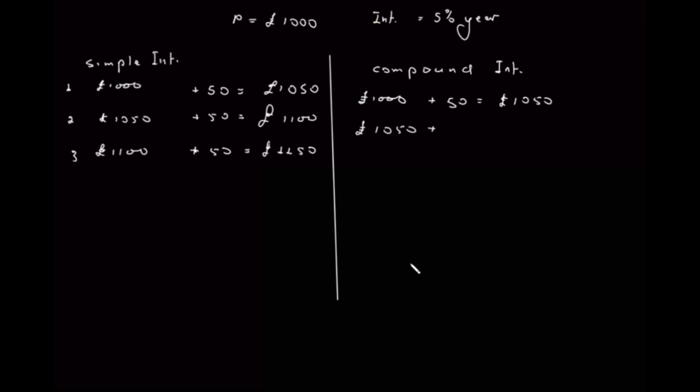Let's do a quick calculation. 1050 times 5%, 5 over 100, cross off that, so the decimal point goes there when we get rid of that.